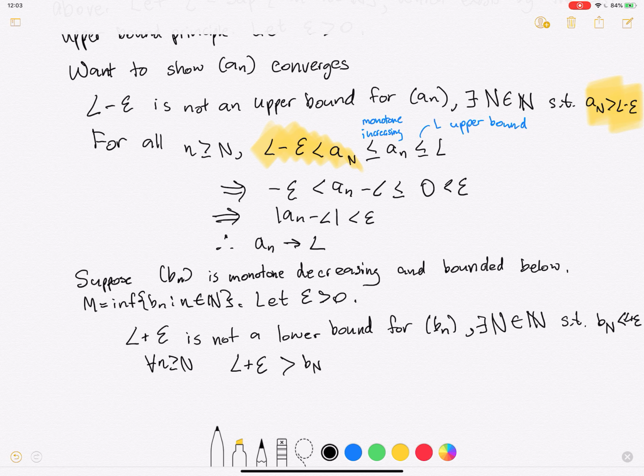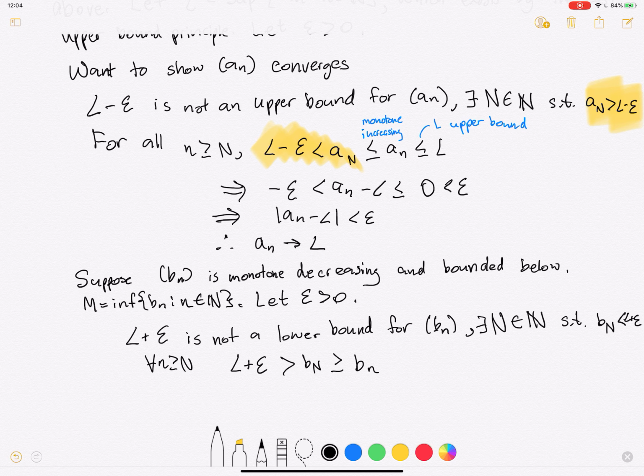And because it's a monotone decreasing sequence, we have that b_N is greater than or equal to b_n, because small n is greater than or equal to big N. So because of monotone decreasing, that's that.